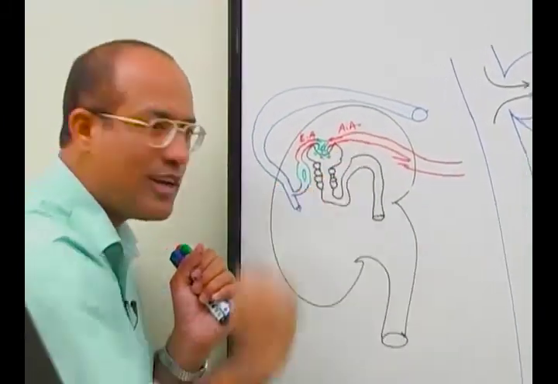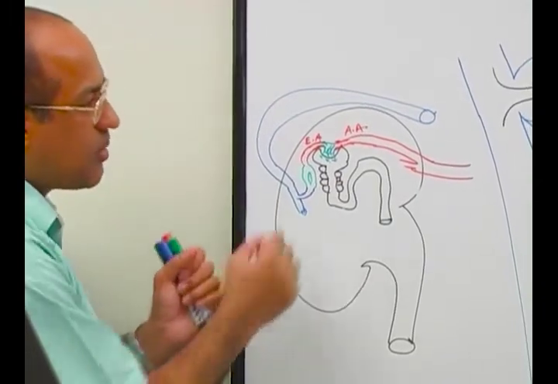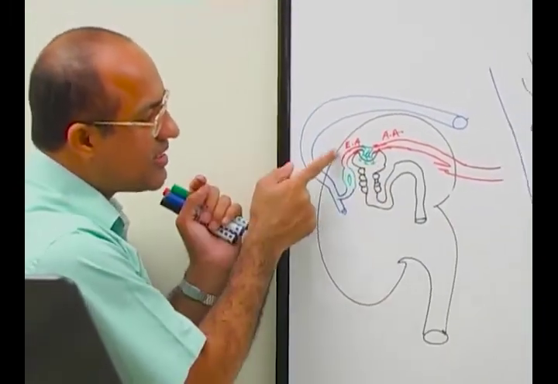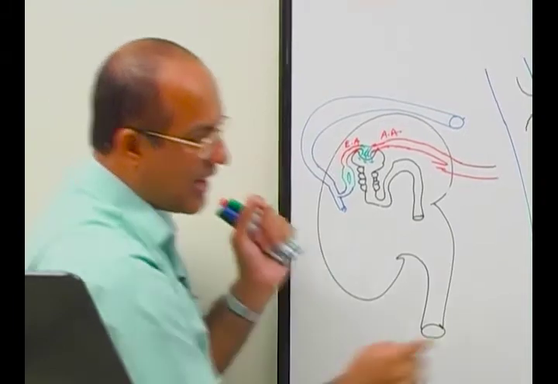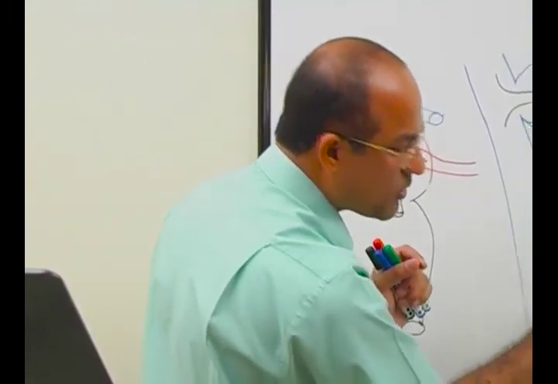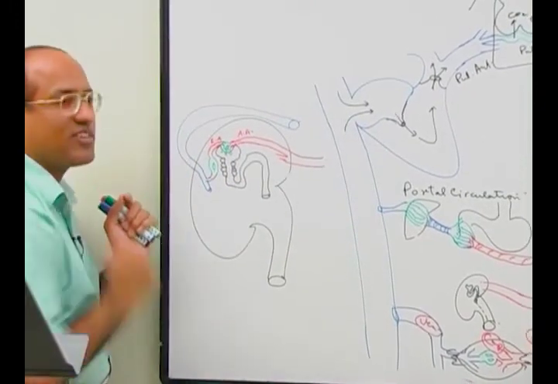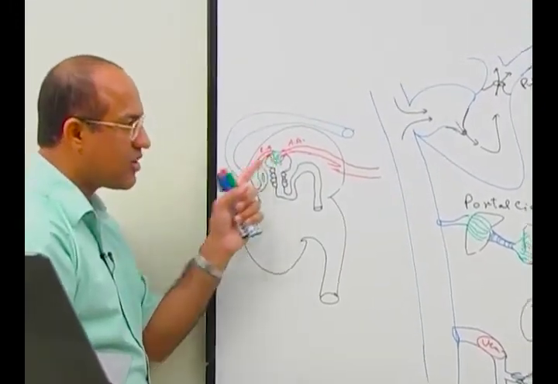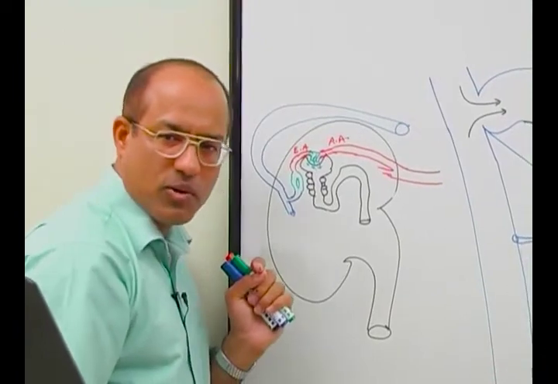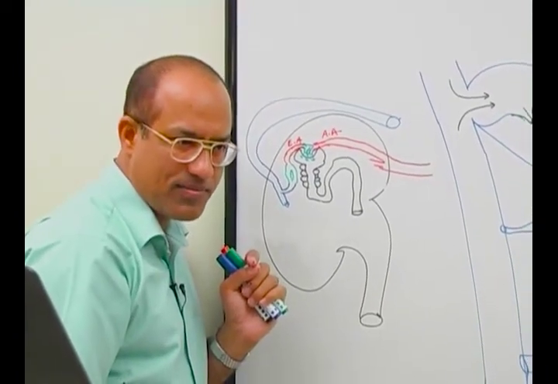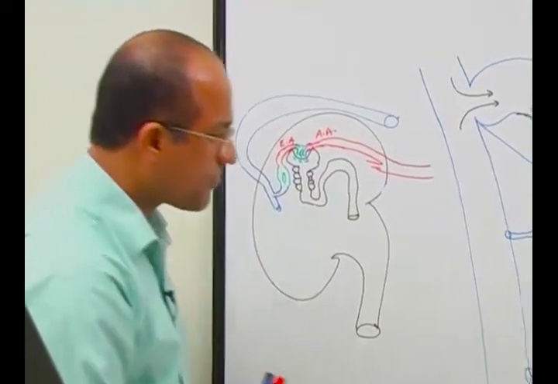This is also an unusual pattern: between the two capillary sets there is an arteriole. Before, between the two capillary sets there was a venous segment. This is also a portal system, another example of portal circulation. Am I clear? Okay.